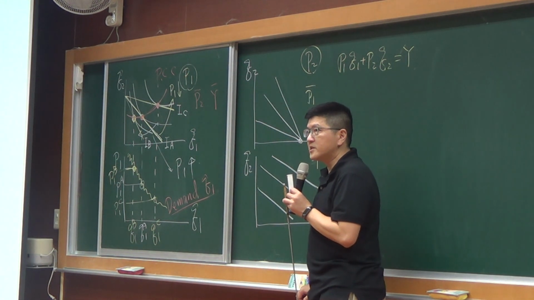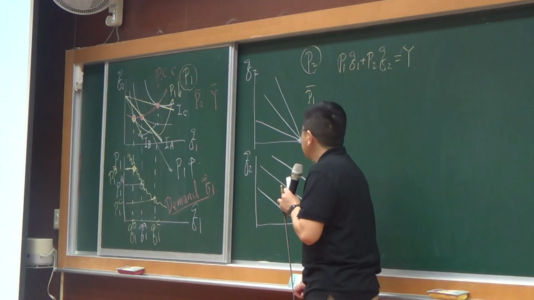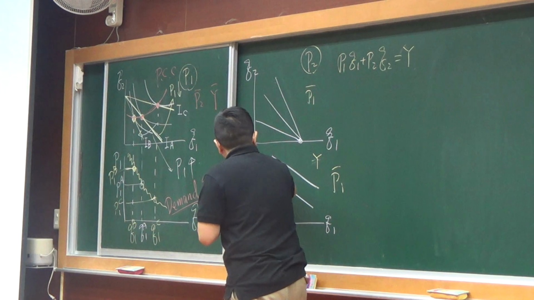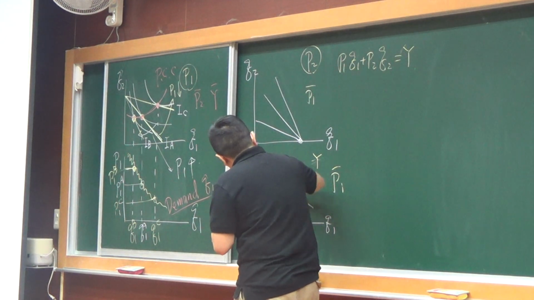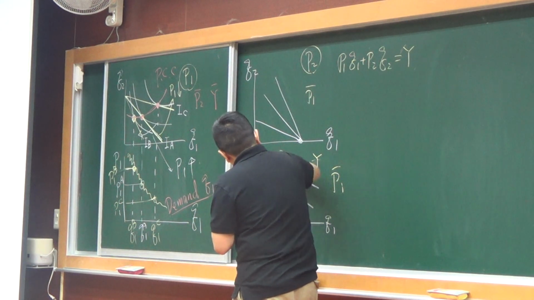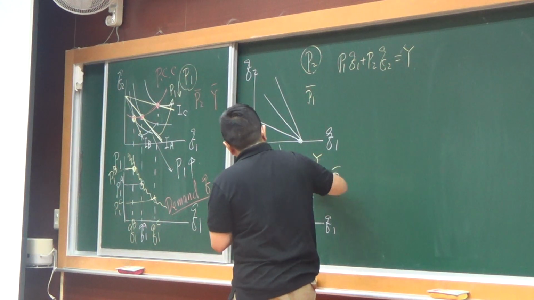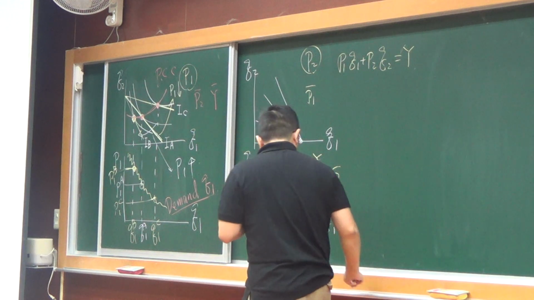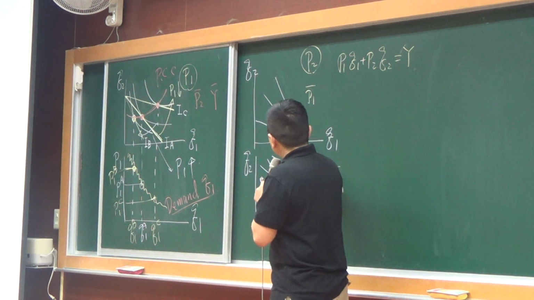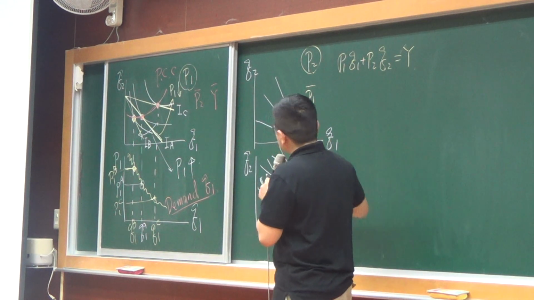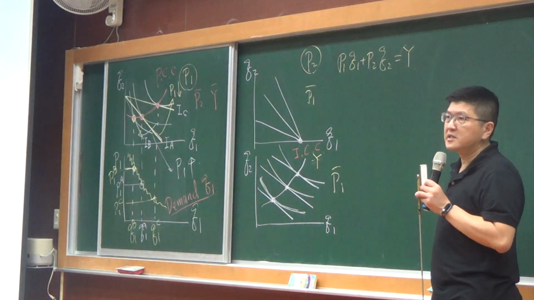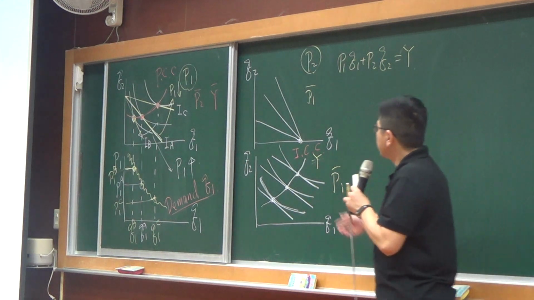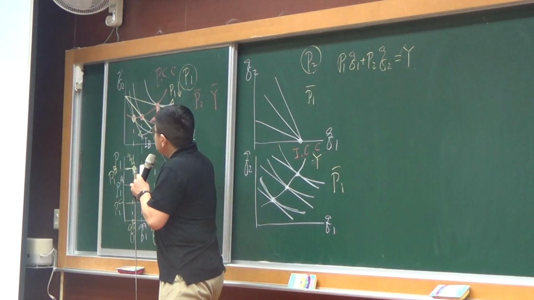Okay? Price consumption curve. And this would be ICC, which is income consumption curve. Okay? So it's ICC and it's PCC.